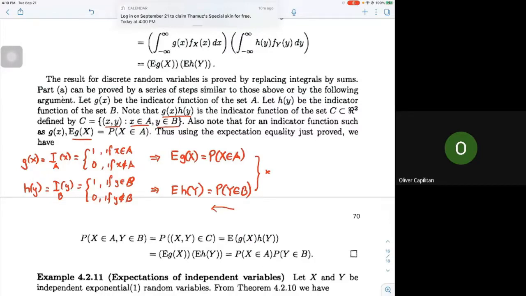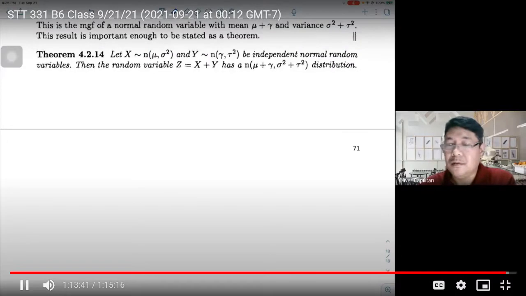At the same time, we can also determine the moment generating functions of these random variables, as well as the random variable which is equal to the sum of the two random variables. So that's all for this afternoon.